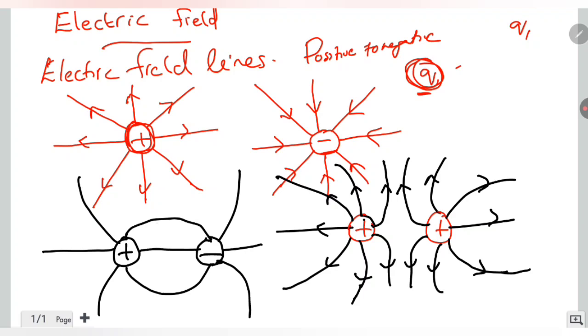And then from positive to negative, this is positive, so be careful. If you are adding more lines, no problem, but lines mustn't touch each other. That's very important. Otherwise, this is how the shape is going to be. So this is the way you can draw electric field lines.